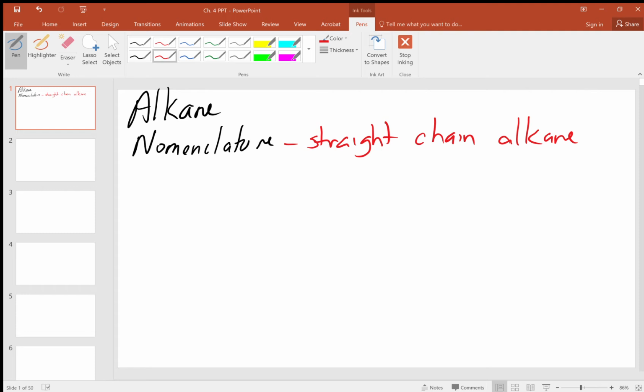If you don't learn the nomenclature for these first 10 alkanes, everything beyond this is going to be almost impossible when it comes to nomenclature. The first couple are usually the hardest because there's not really a good pattern with their nomenclature. Once we get up to 5 carbons, they become pretty easy.